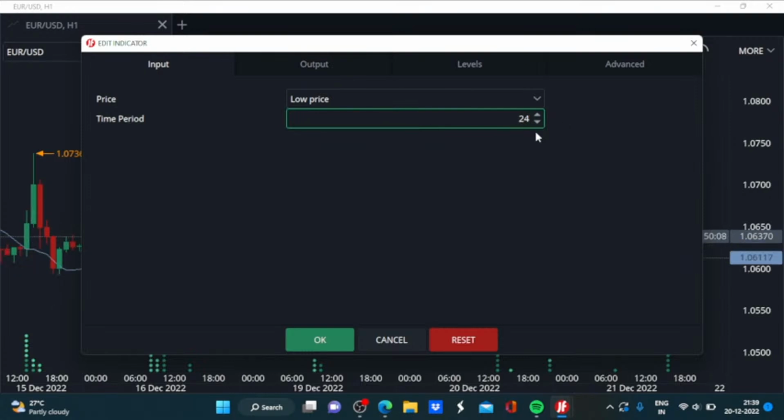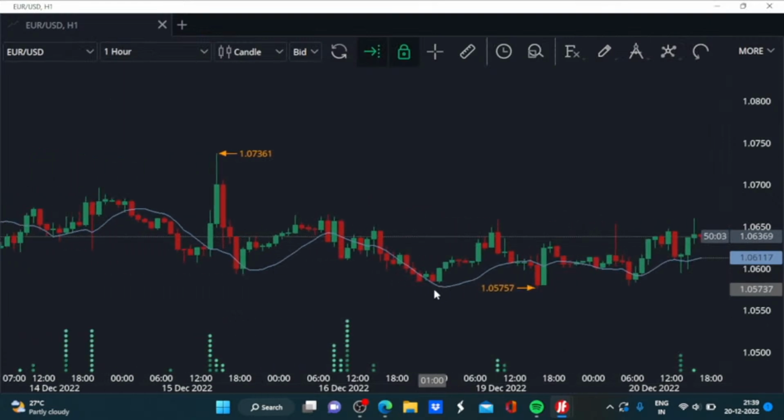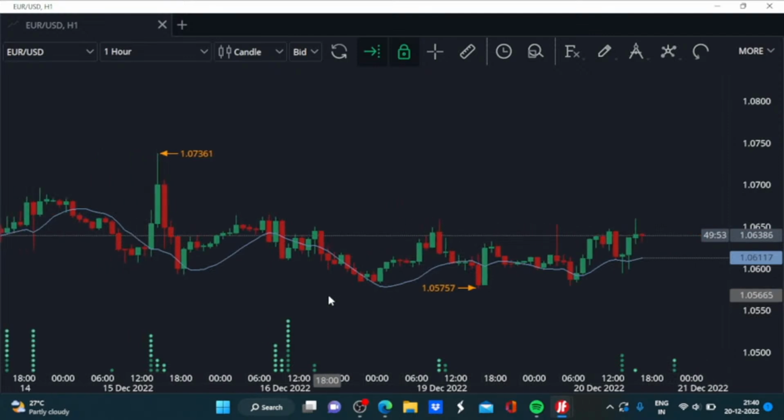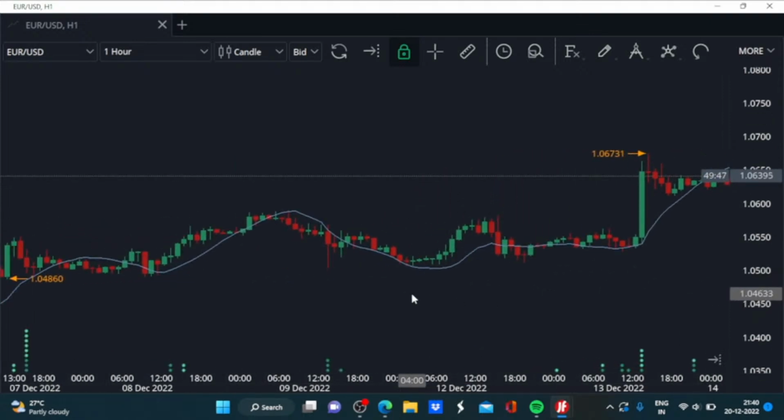Suppose you want to increase its calculation period, you can do that as well. Now there is going to be a lot more stability compared to what we were observing when we were using the lower period for the calculation. With the higher period calculation, you will have a lot more stability, and only when there is a significant as well as sustained change in the price trajectory, the time series forecast will also follow suit.